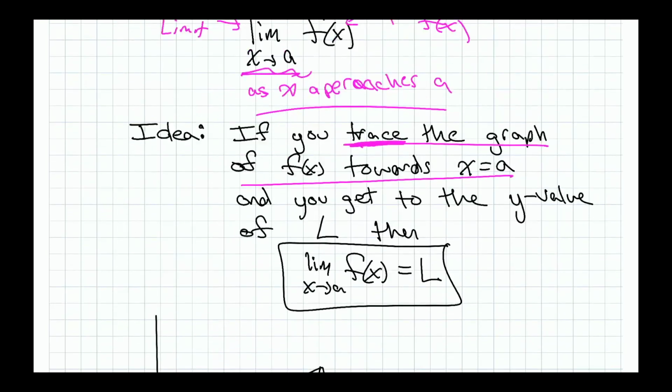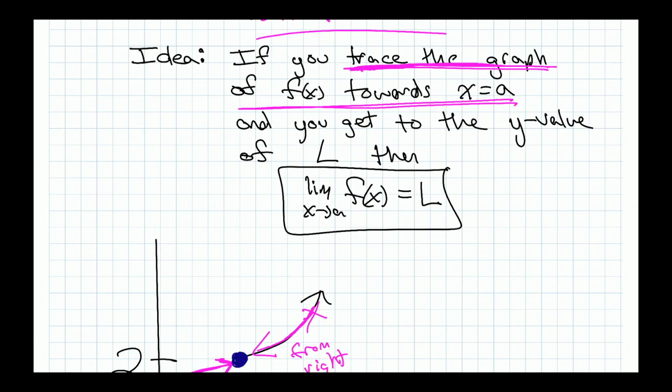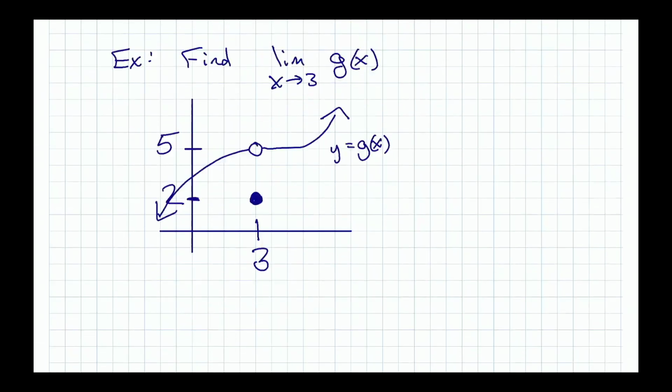Well, the instructions say trace the graph of f of x towards x equals a. Trace the graph. That's the key. So if you're on the graph over here and you trace the graph, you end up right there. And if you're on the graph on the other side, on the right, and you head towards x equals 3, you end up there.